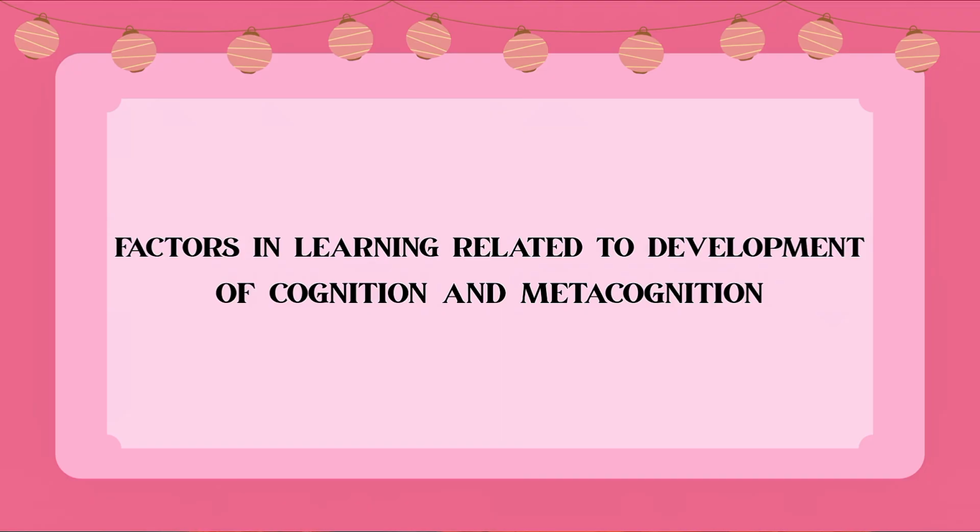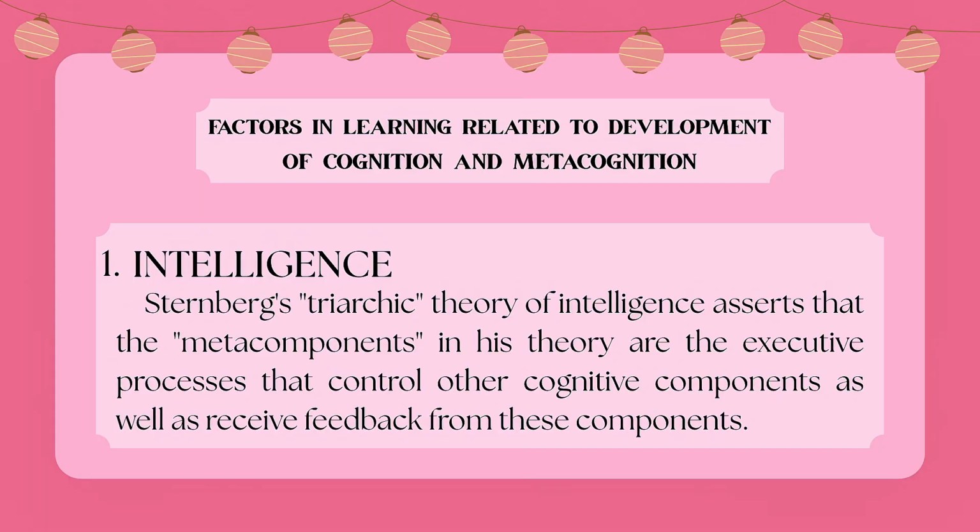Now, let's move on to the factors in learning related to development of cognition and metacognition. First factor we have intelligence. Sternberg's triarchic theory of intelligence asserts that the meta-components in his theories are the executive process that control other cognitive components as well as receive feedback from these components.